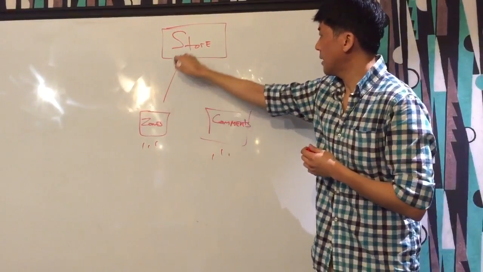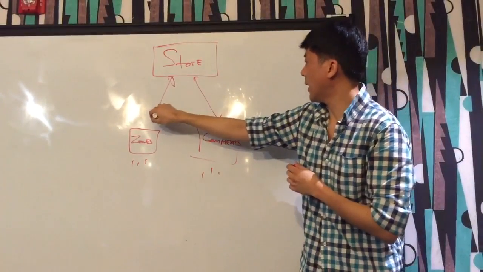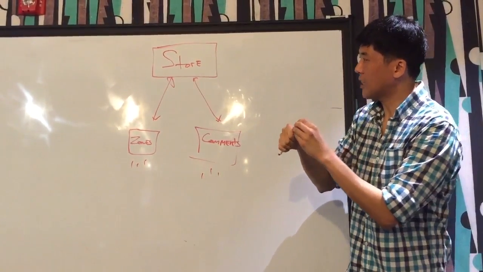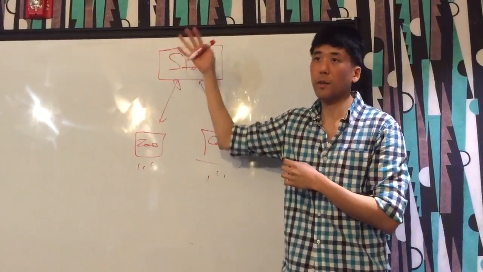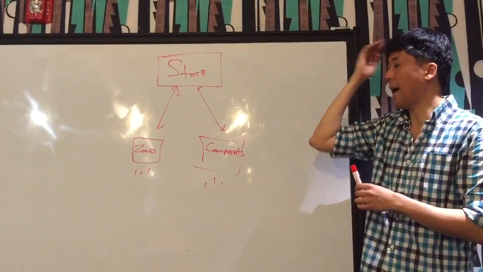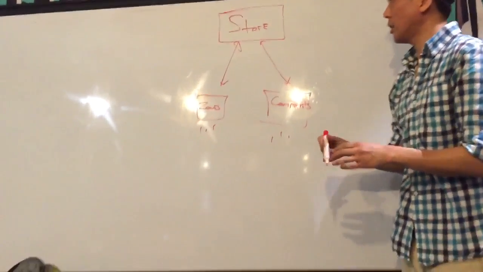And these guys connect to the store. And it's a two-way connection. So if the store changes in any way, those changes will propagate down to the components and trigger the re-render. So you can think of the entire project as one big component. That might be the best analogy, to be honest.